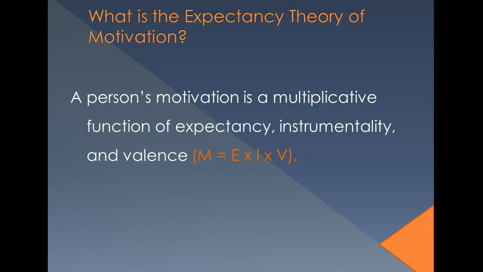And the result, I'm not 100% sure of the scale, but I would assume a positive number would be a highly motivating number, and a negative number would be a negatively motivating number.